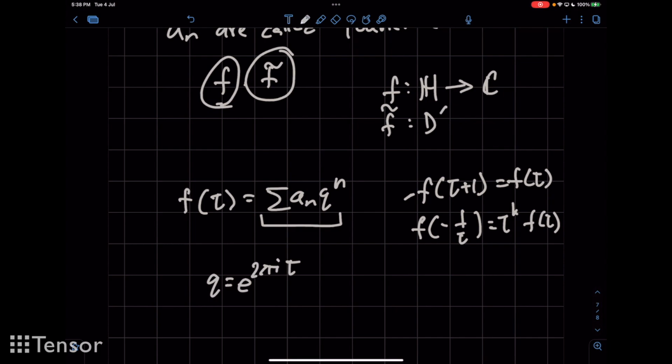So the well-definedness of this sum tells us that f is one periodic.